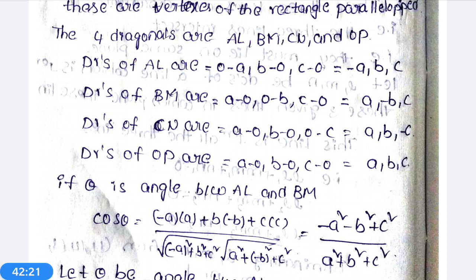Next, DRs of BM: a minus 0, 0 minus b, c minus 0, that is a, minus b, c. DRs of CN: a minus 0, b minus 0, 0 minus c, that is a, b, minus c. DRs of OP: a minus 0, b minus 0, c minus 0, that is a, b, c.